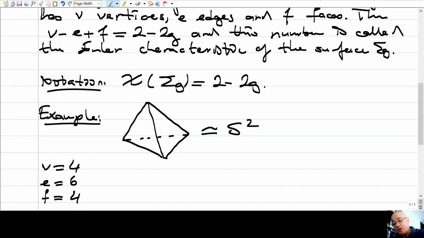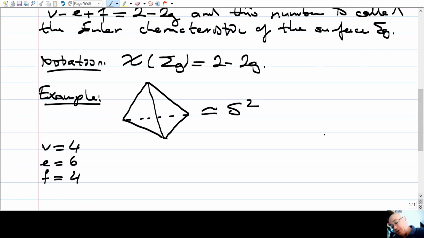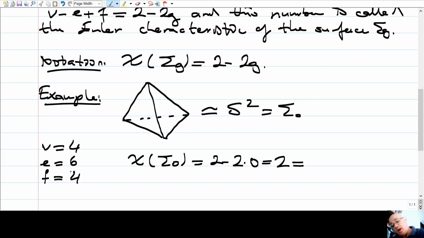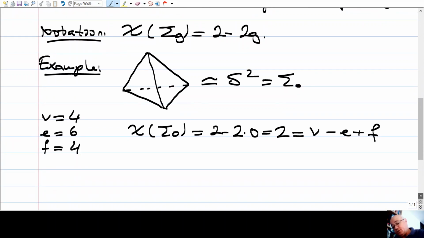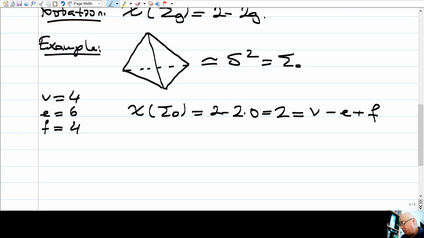It is just a two sphere whose sides are planar, and this is a genus zero surface. So the Euler characteristic of sigma g should be 2 minus 2 times 0, which is 2, and it is really V minus E plus F, 4 minus 6 plus 4, which is just 2. So this is one simple example.